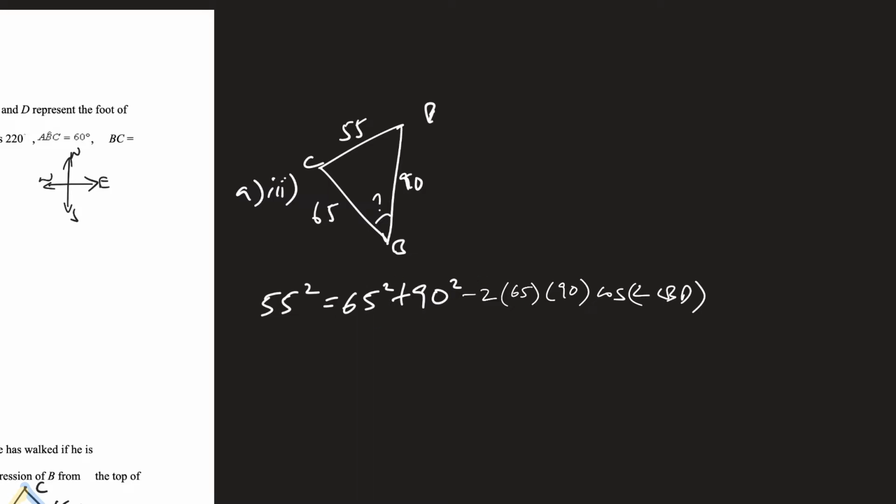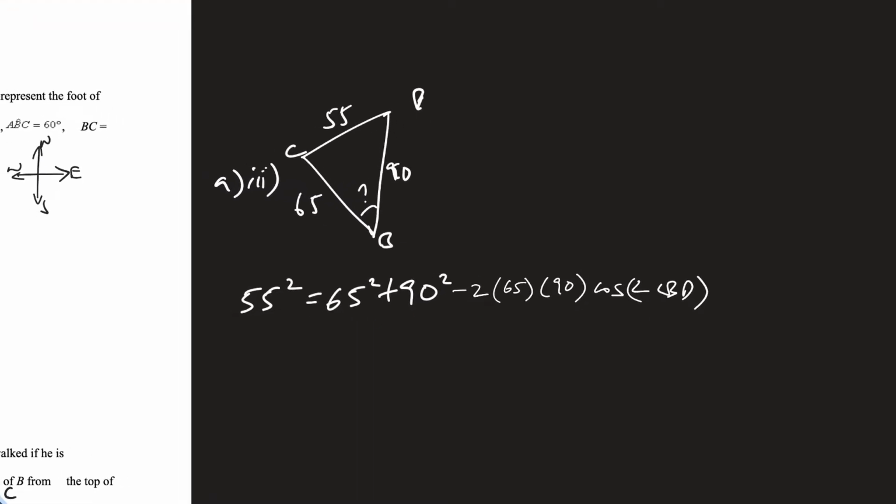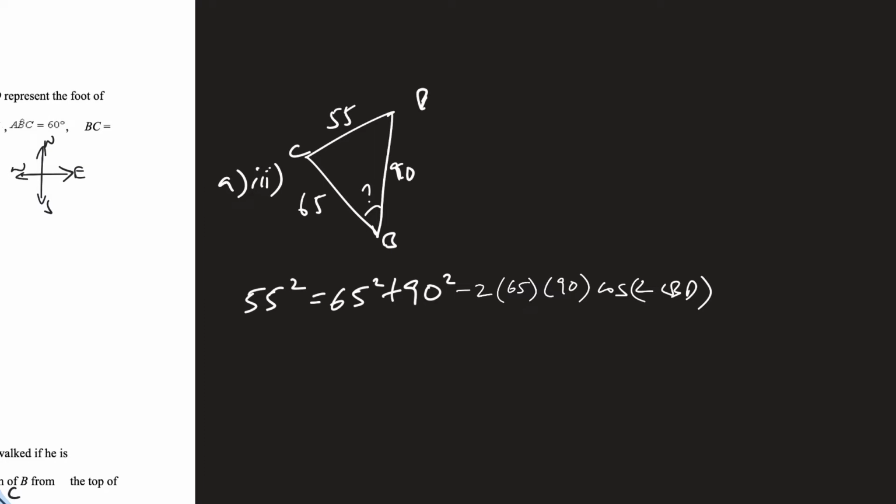So we can just try to simplify all of this first, and that gives us over here, 3025 equals, and 65 squared gives me 4225, and 90 squared gives me 8100, and then we subtract away 2 times 65 times 90, which gives me this number, multiplied by cosine CBD.